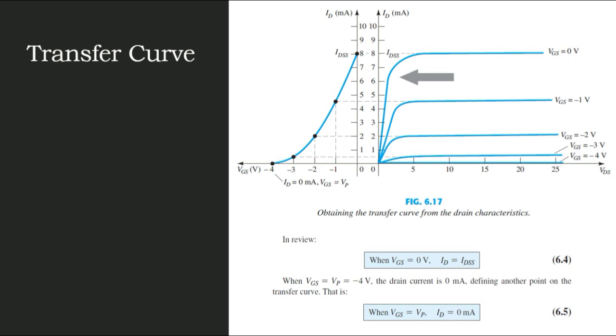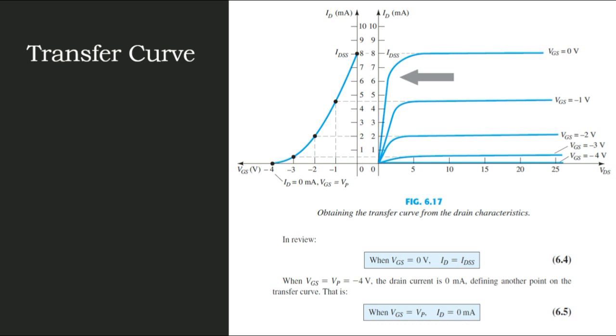So here it is also obvious that when the VGS voltage is equal to 0, then the drain current will be equal to IDSS. These types of questions can be asked in quizzes, or maybe in your viva, so you need to memorize these conditions.